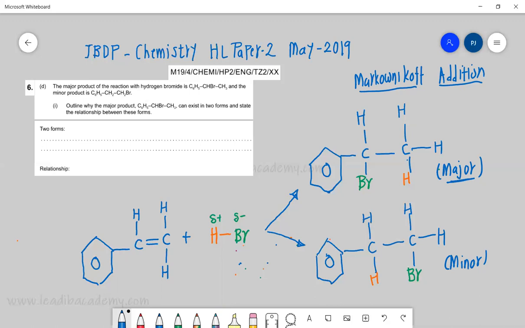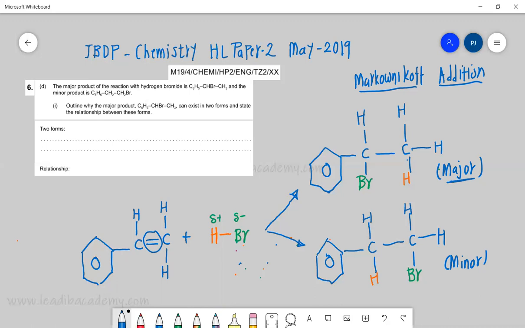Because this is getting added across the double bond, when this double bond breaks, we get one carbocation and another carbanion. Which one will be the carbocation depends on the stability: the higher the stability, the more major that product will be.